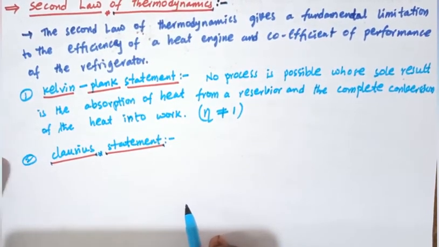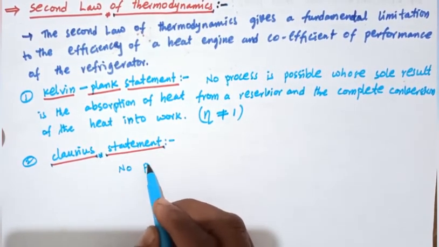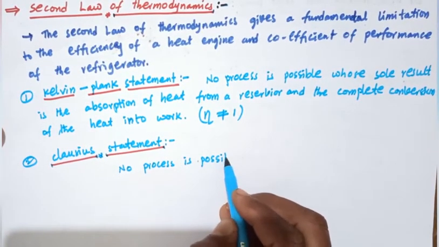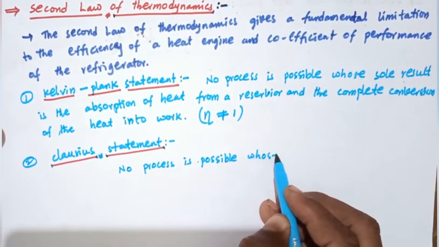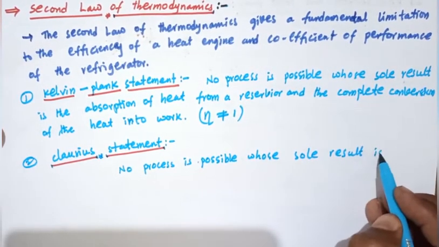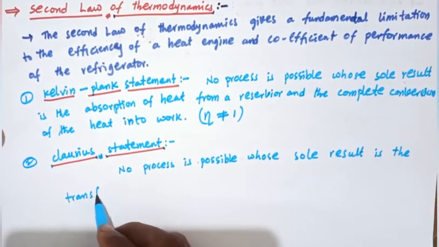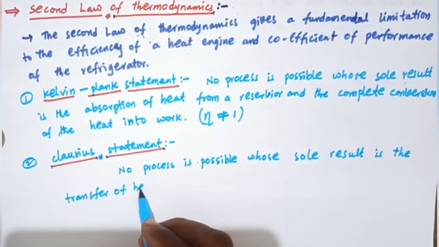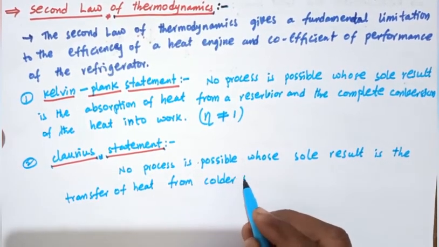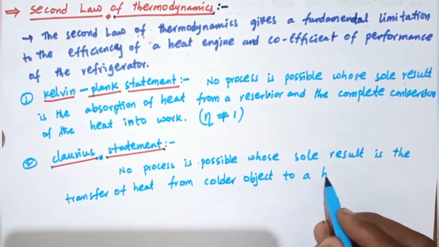So the Clausius statement of the second law of thermodynamics is: no process is possible whose sole result is the transfer of heat from a colder object to a hotter object.